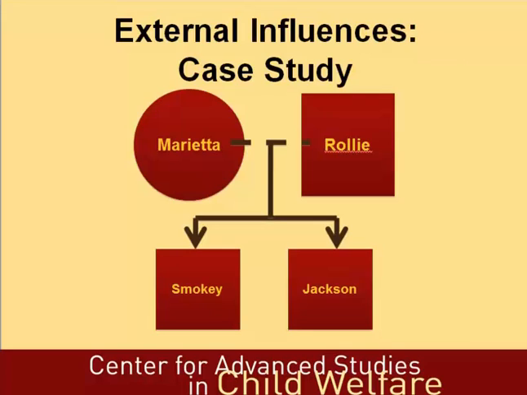Her older son Smokey had been in a group home but had returned to his family and was doing well. Marietta worked a responsible job and supported her family. She had an order of protection against her husband Raleigh, whom she was in the process of divorcing. She had an excellent working relationship with her ACE case manager.